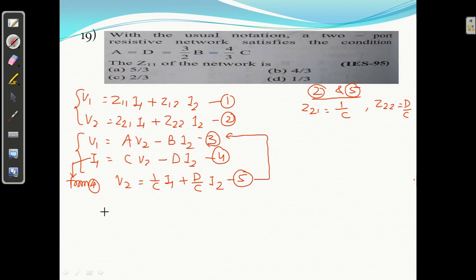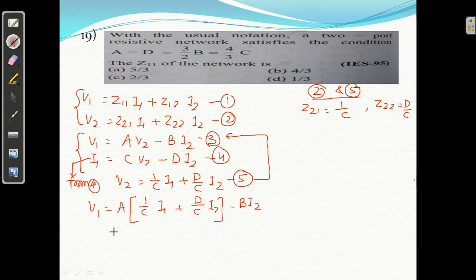So V1 equal to what will come? If you put the value of 5 in 3, V1 equal to A times V2, and the value of V2 is 1 by C I1 plus D by C I2, minus this B I2.